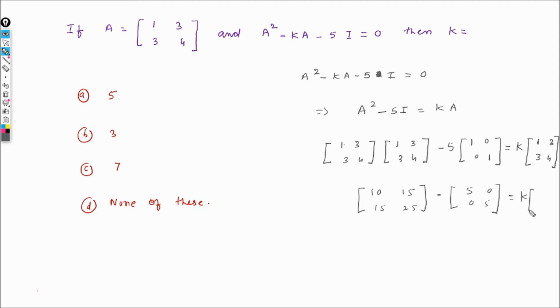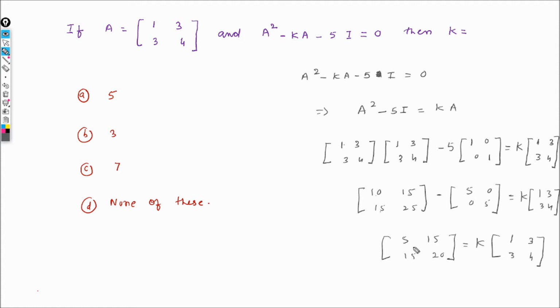So this is equal to k into [1 3; 3 4]. So 10 minus 5 means 5, 15, 25 minus 5 is 20 here. So therefore this is k [1 3; 3 4].